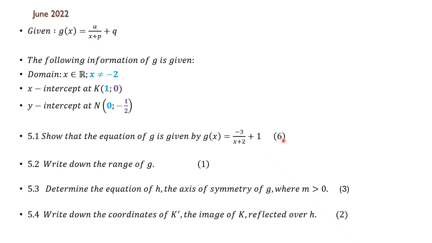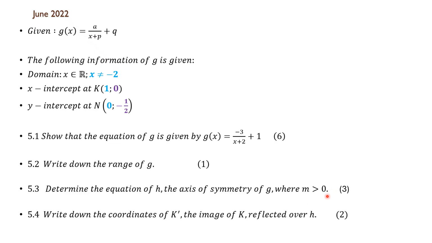5.1: Show that the equation of g is given by g of x equals -3 over x plus 2, plus 1, for 6 marks. So for 6 marks, they give you the equation. If you can't get the equation, you must still be able to answer the other questions from that equation. We're not that cruel where we take all the marks away. 5.2: Write down the range of g. 5.3: Determine the equation of h, the axis of symmetry of g, where m is greater than 0, meaning my gradient is positive.